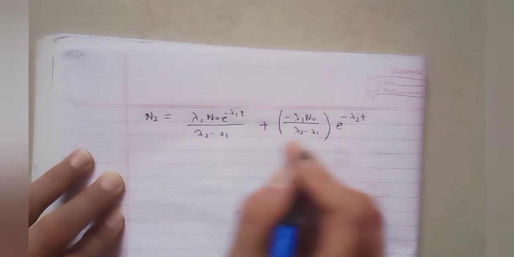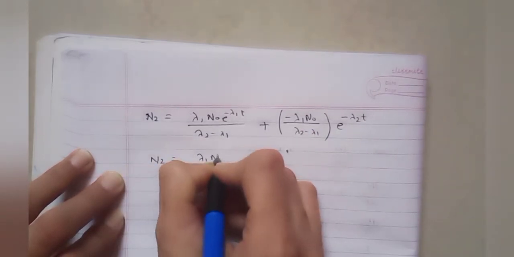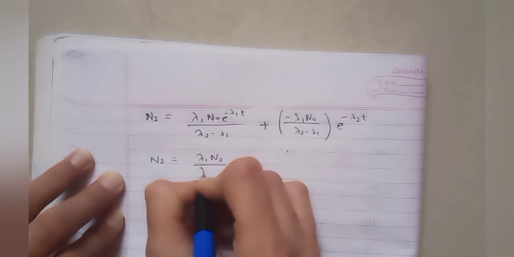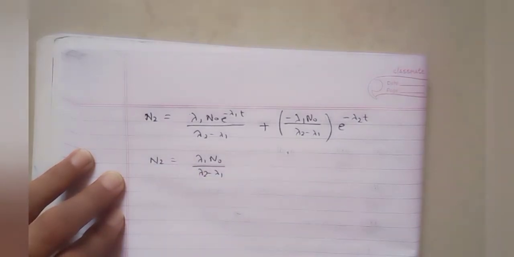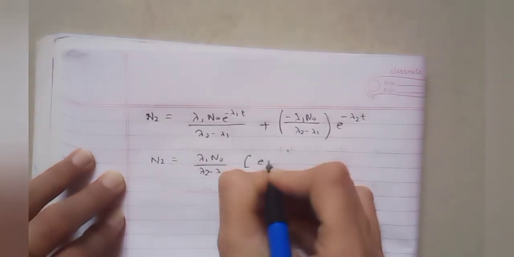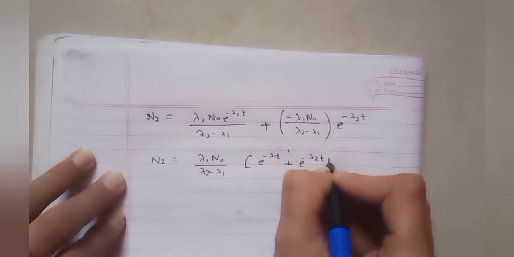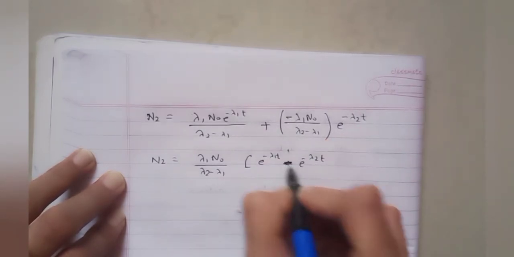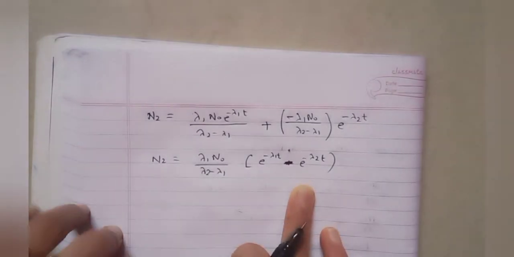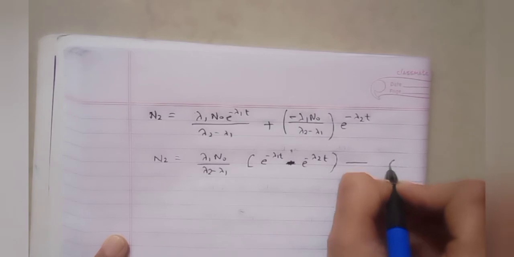Taking the common term, n2 equals lambda 1 n0 upon lambda 2 minus lambda 1, and inside the bracket e raised to minus lambda 1t minus e raised to minus lambda 2t. Suppose this is equation 6.